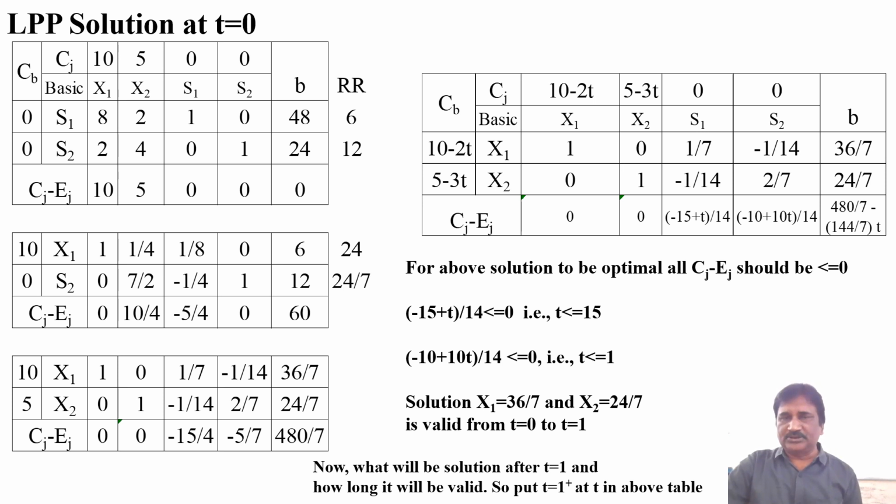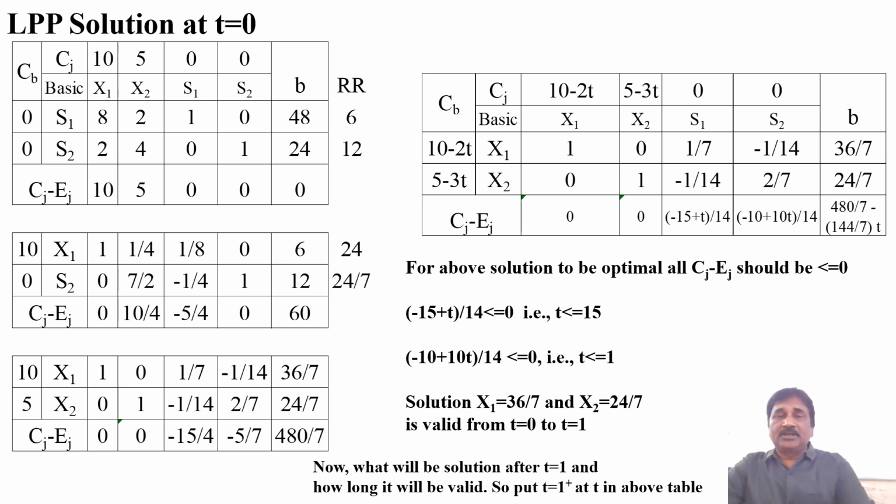So wherever there is x1 and x2, I will replace their coefficients by 10 minus 2t and 5 minus 3t respectively. So here also I have replaced their coefficients. These values are the same as you are seeing.